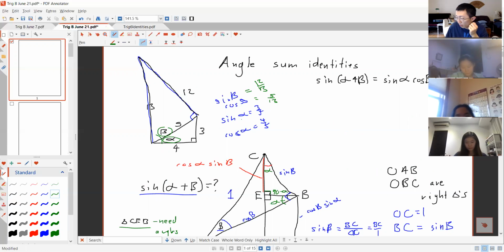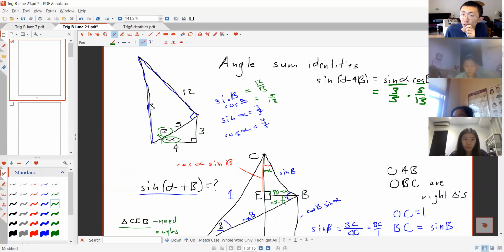So yeah, just tell me what to write for the next step. 3/5 times 5/13 plus 4/5 times 12 over 13. Okay, yeah. So we know all four of these terms.